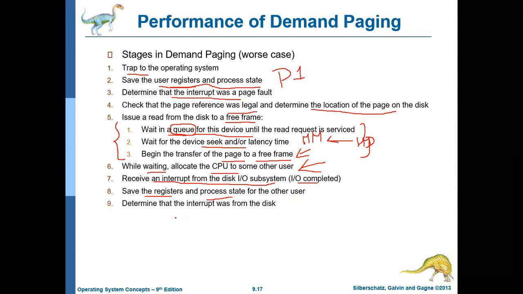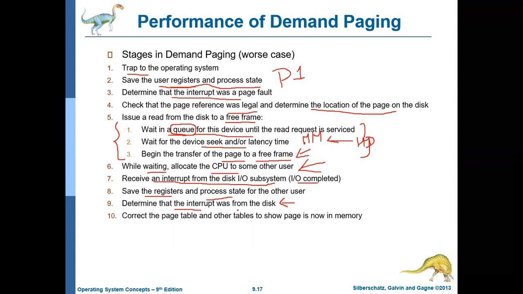Then determine whether this interrupt is from the disk. It's the IO operation, but which IO? Is it that particular frame which we previously requested that has moved to the main memory? Identify that.